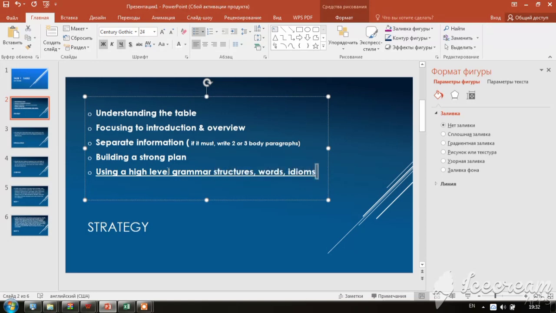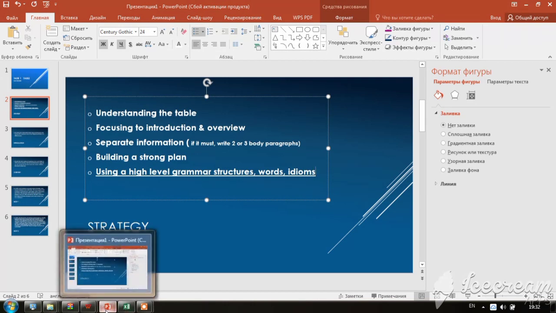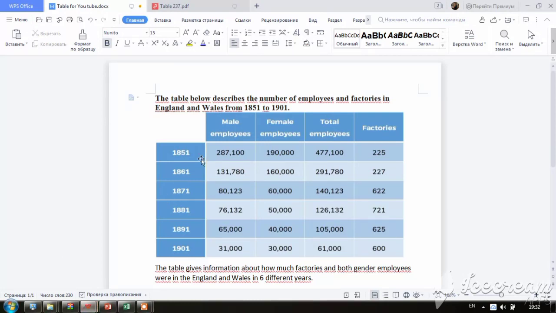Using high-level grammar, structure, words and idioms will help to improve your band scores. So let's do our essay. You can see the table. We separate the information. For example, in 1851 and 1861, there are much higher trends in these years.